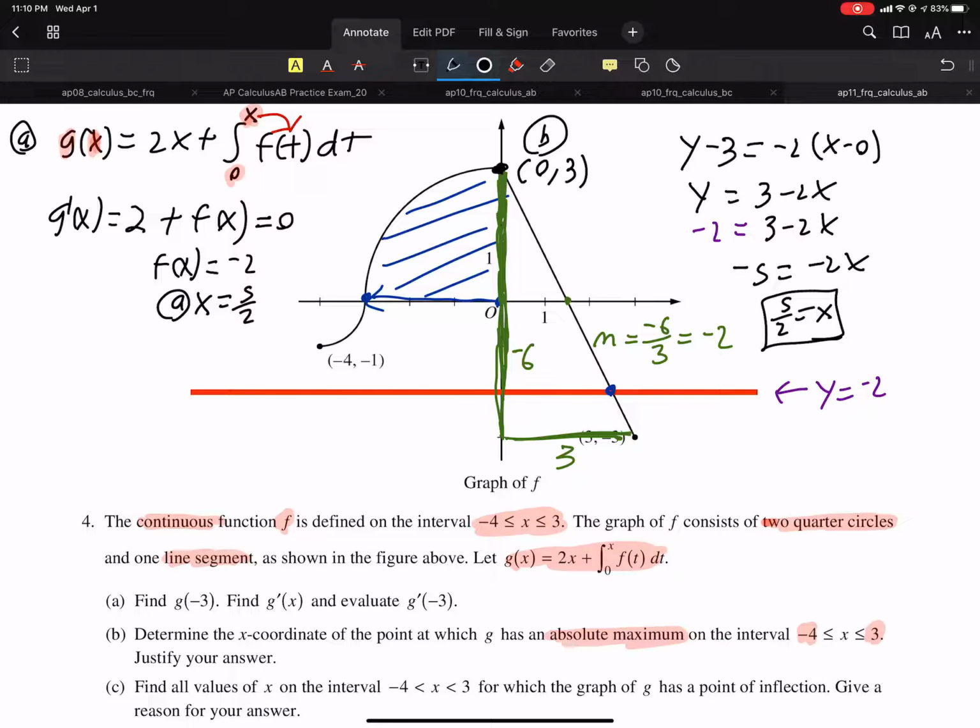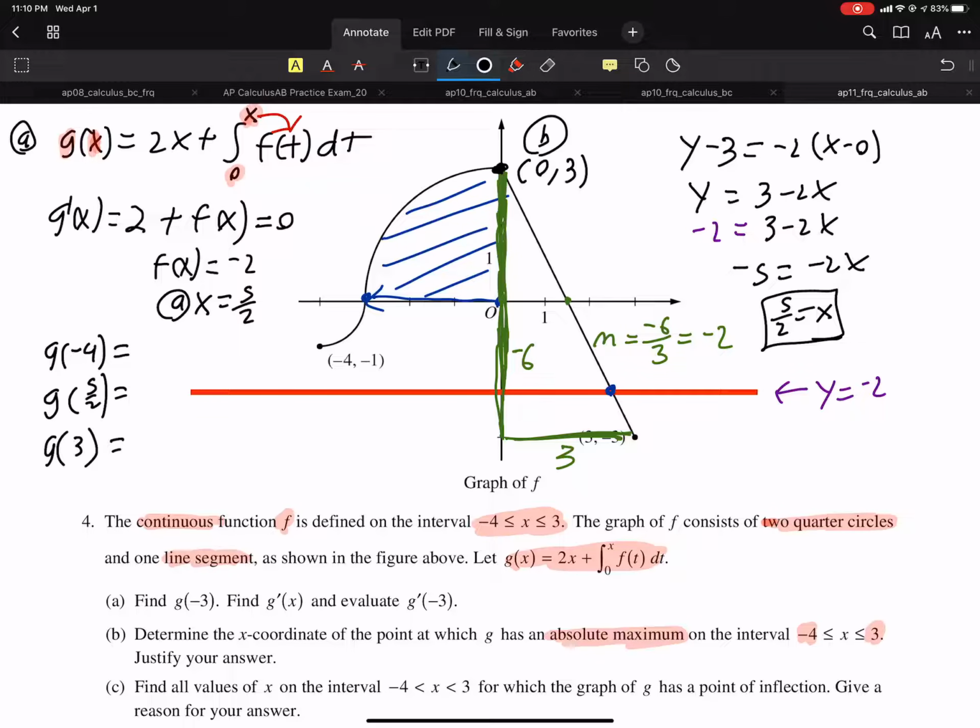Now we have to find the value of g at the critical points and the endpoints. So we need g at -4. That's one endpoint. G at 5/2, and then g at 3. Well, we didn't find any of these, did we?